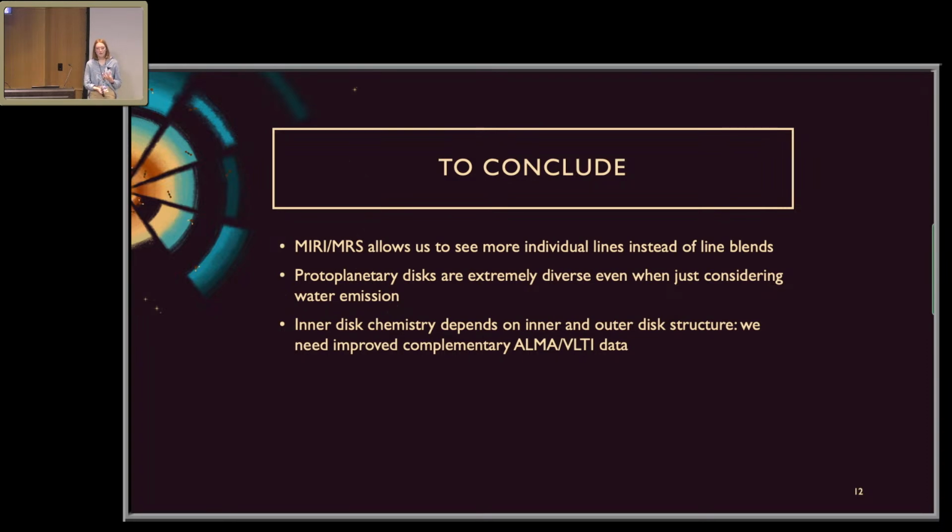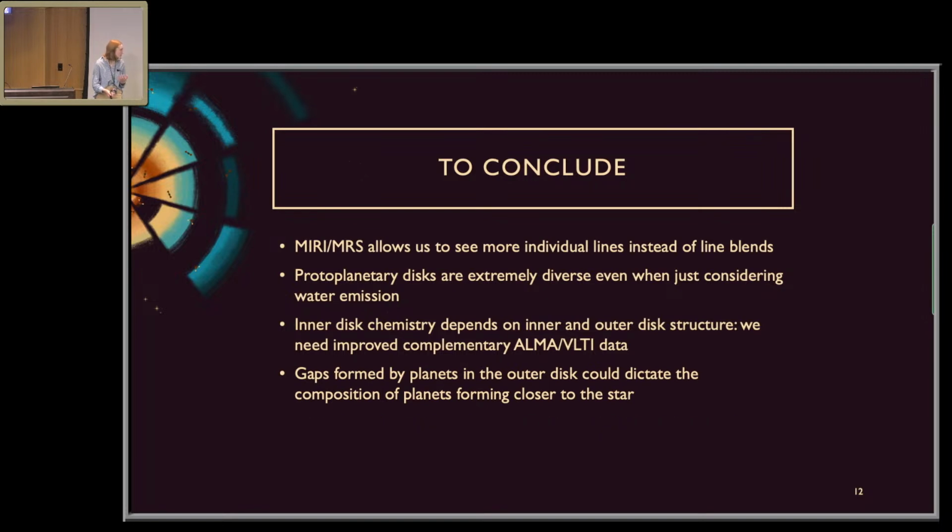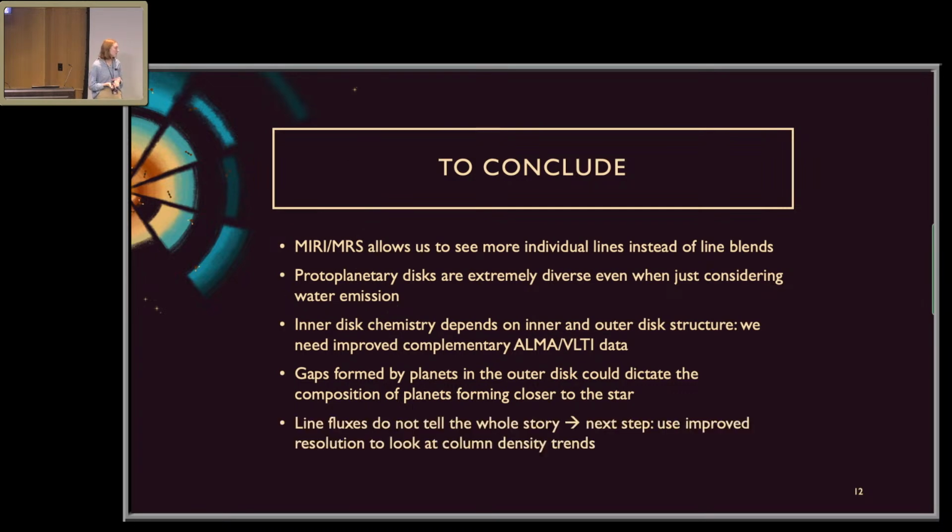So we also need to confirm that with complementary data, that we are really looking at the correct morphology and that the resolution of all the observations is the same and uniform. And then depending on the type or the mass of the planet forming, you could have a different depth of gaps, and this in turn will then affect the composition of the disk closer to the star, which could in turn affect the kind of planets forming there.